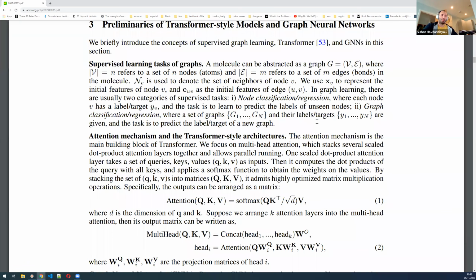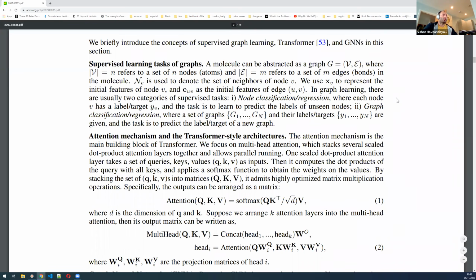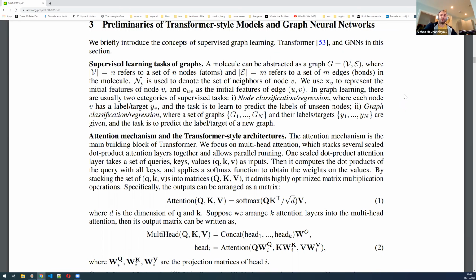So the edges don't have directions, which is the case for molecules, but not in many other applications. Okay. So here we will focus on undirected graphs, although extending any of this work to directed graphs shouldn't be too difficult. You just will need a bit of adjustments, I guess.